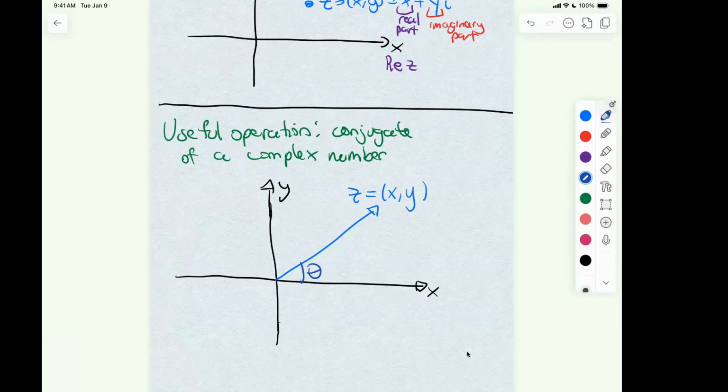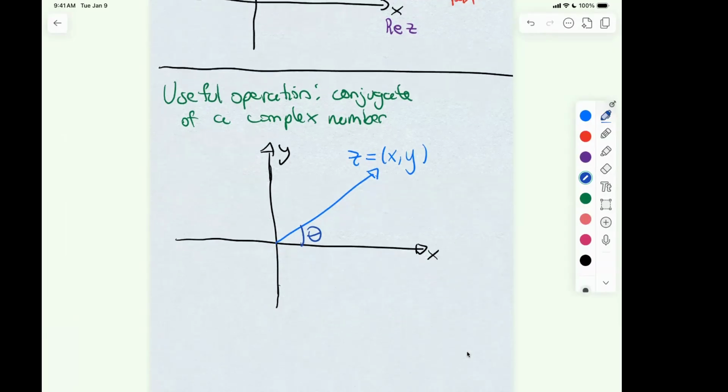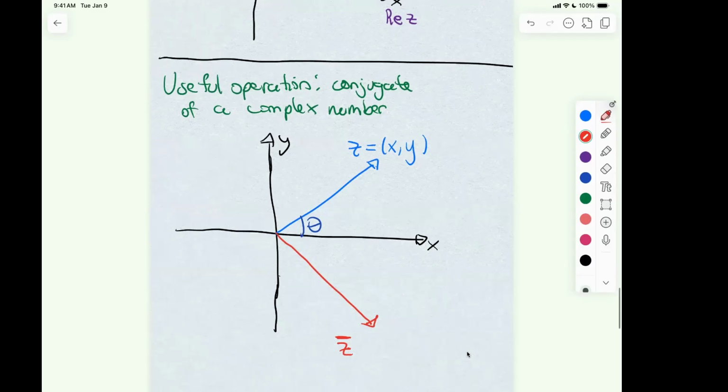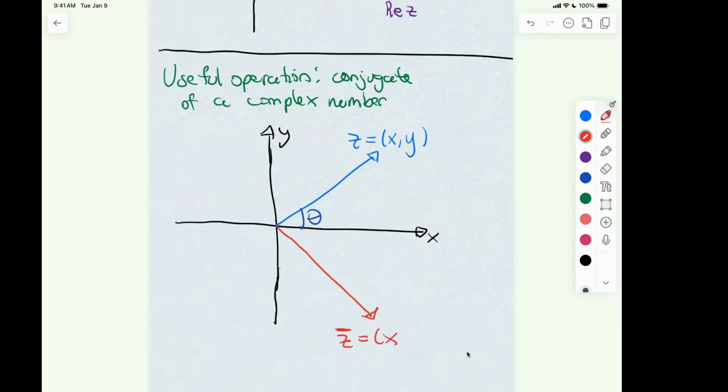So the conjugate is a mirror image with respect to the x-axis, or a reflection. The conjugate is called z bar, just a horizontal line above the number z. There are two ways to think about it. In terms of a point, it's just x comma negative y.